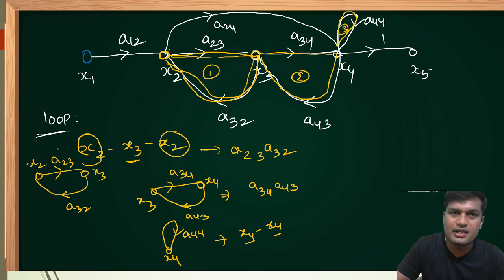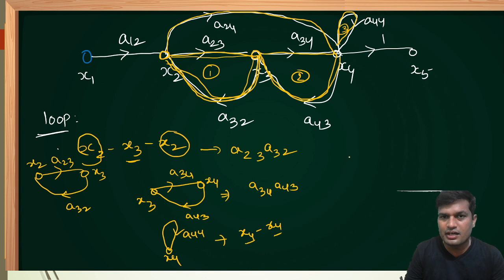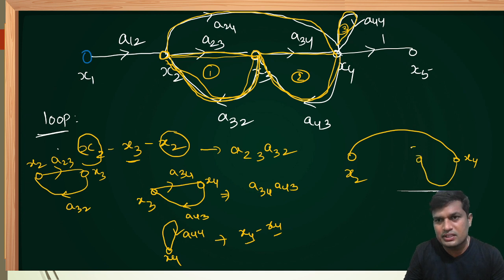If you observe clearly here, it starts from x2, moving to x4, then x3, then from x3 to x2. This is the loop. What is the gain?